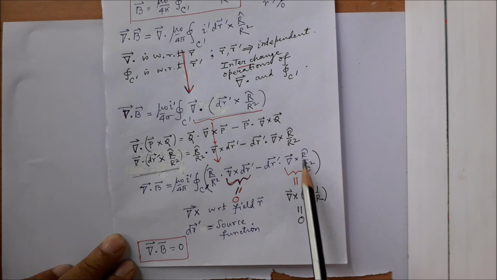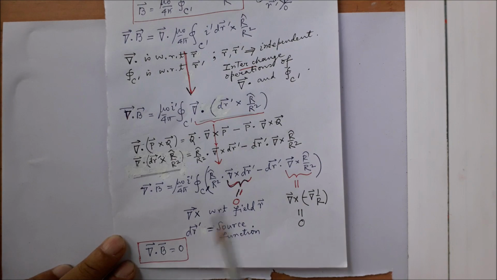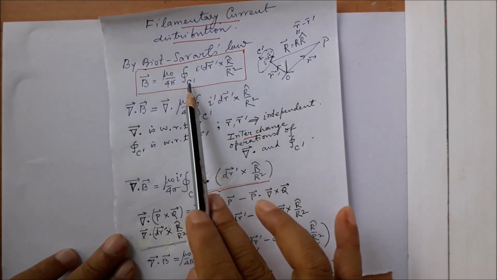And here r cap by r square can be written as minus grad of 1 by r, and therefore curl grad comes into the scene. Now curl grad is 0 as per vector identity, and therefore both the terms vanish and we end up with divergence B equal to 0, and this result follows from Biot-Savart's law.